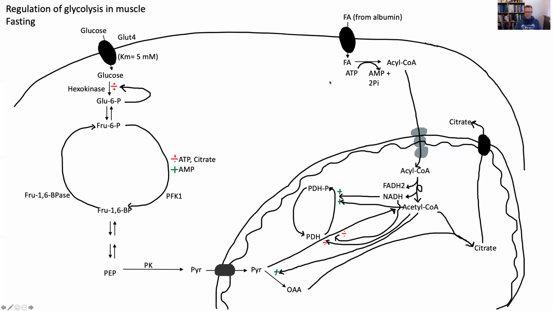So simply because the fatty acid concentration in the circulation increases during starvation, that will result in an increased influx of fatty acids in the myocyte and an increased oxidation of fatty acids in the mitochondria, and then simply result in an increase in citrate levels that eventually will increase fructose 6-phosphate level, because the phosphofructokinase 1 enzyme is inhibited by citrate, and that will result in an increase in glucose 6-phosphate levels, and then inhibition of hexokinase.